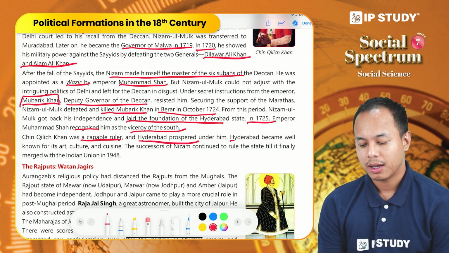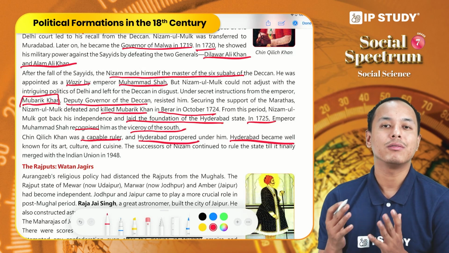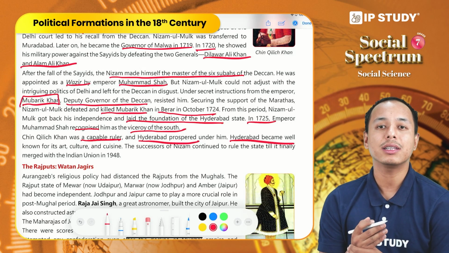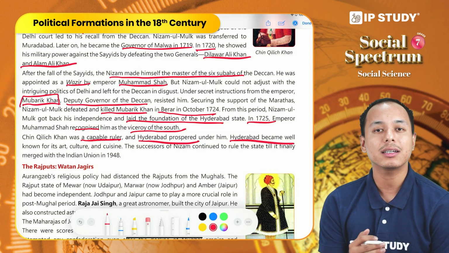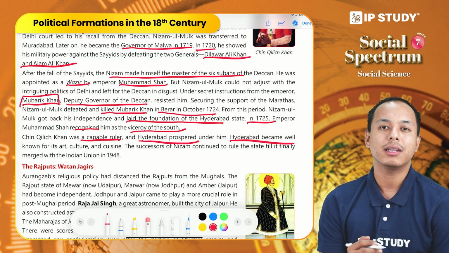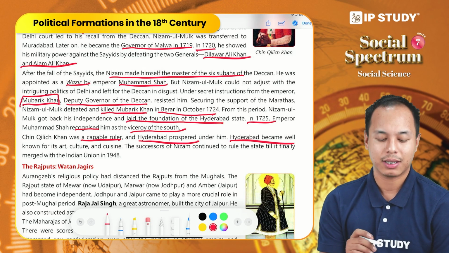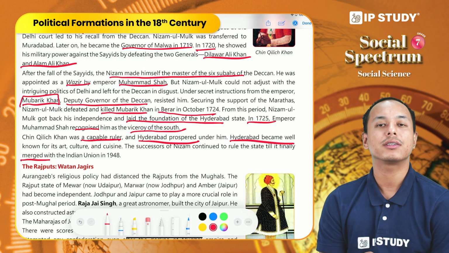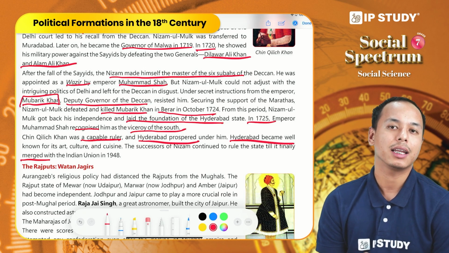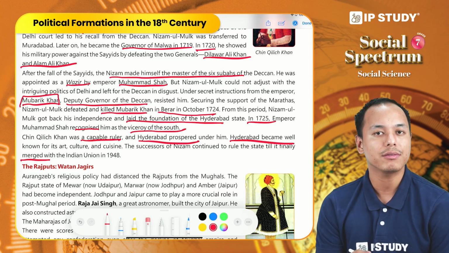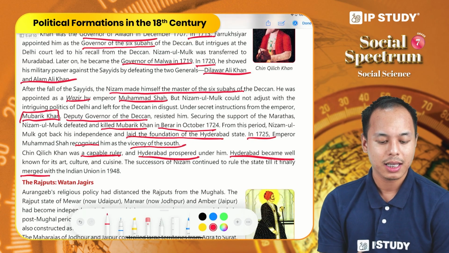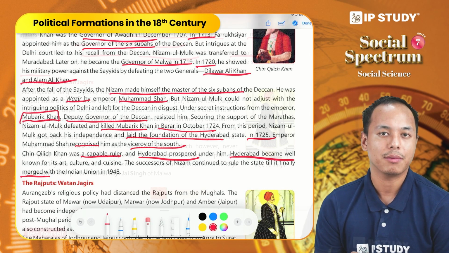Hyderabad became very well known for its art, culture, cuisine and administration, and his successors ruled Hyderabad till it merged with the Indian Union in 1948 after the independence of India. So this was the independent kingdom of Hyderabad.